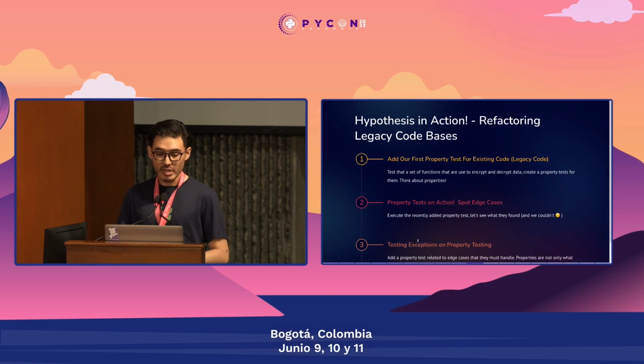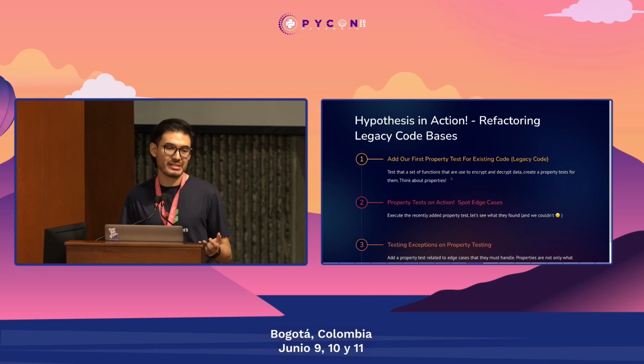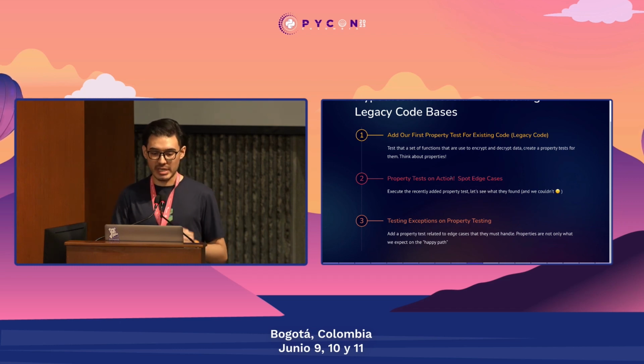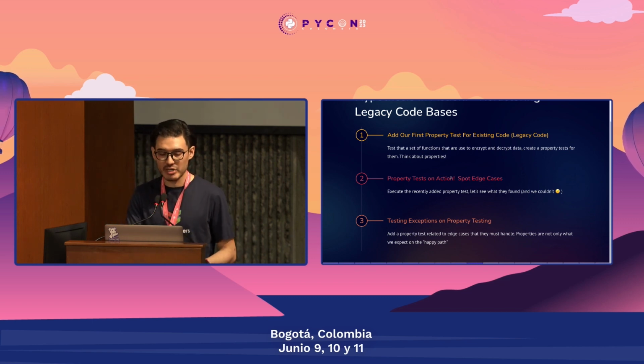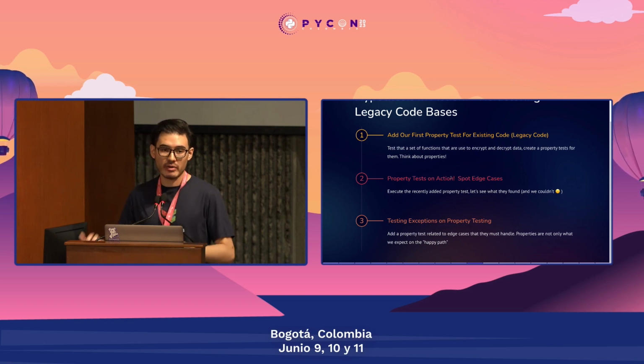So let's put Hypothesis in action. How can we use property-based testing and Hypothesis to refactor legacy code? We are going to focus in this talk on three basic characteristics. First, we're going to add our first property test for our existing legacy code, working with the scenario of an encrypt and decrypt functionality.